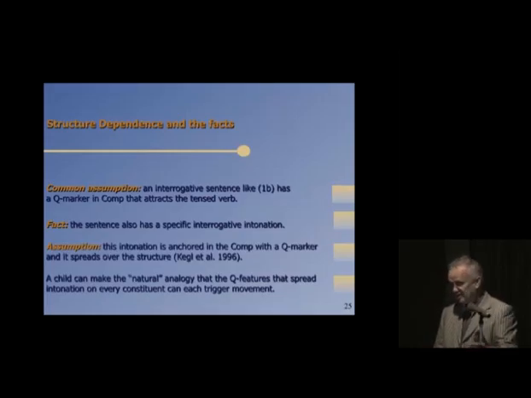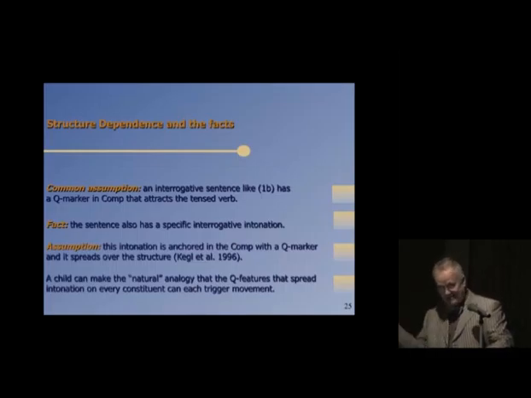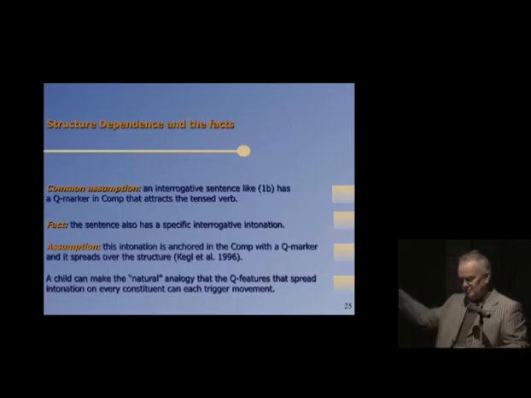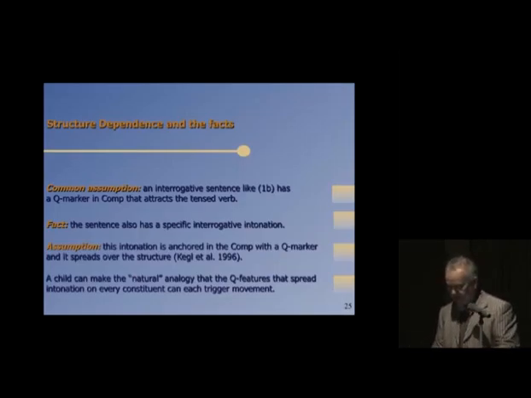Dominique Sportiche in 1995, looking at strictly intonational questions in French, made exactly that proposal. He said, you get the intonation because it spreads from comp, but that same feature triggers a movement of the whole sentence in front of the final sentence intonational marker. So you could have these features playing a double role, both on the intonation side of things and on the movement side of things.